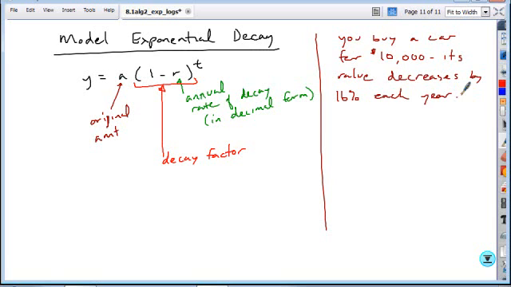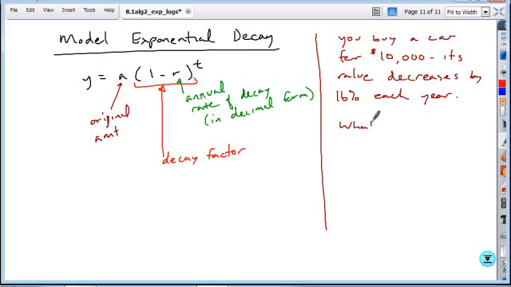So let's say it decreases by 16%. What is it worth if you sell it or trade it in 8 years?